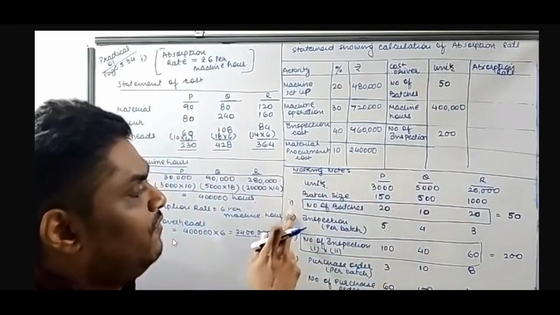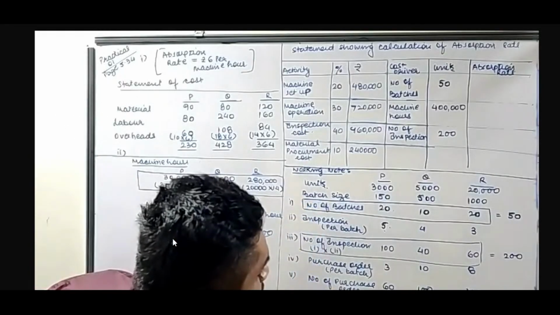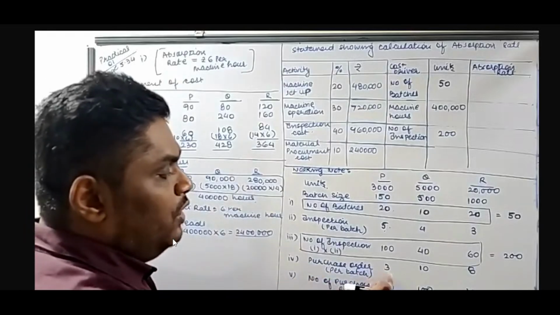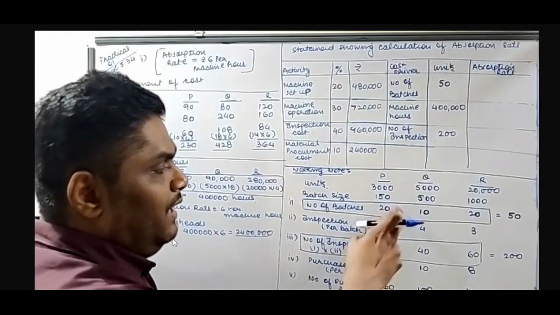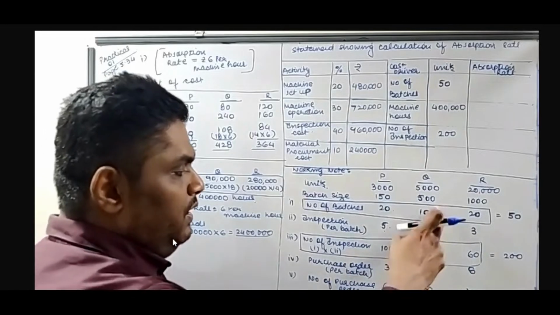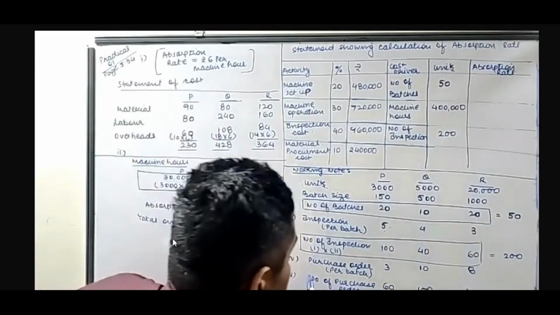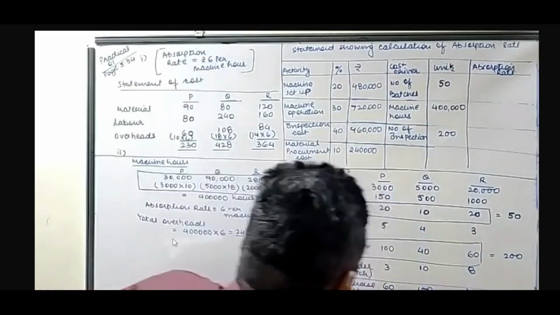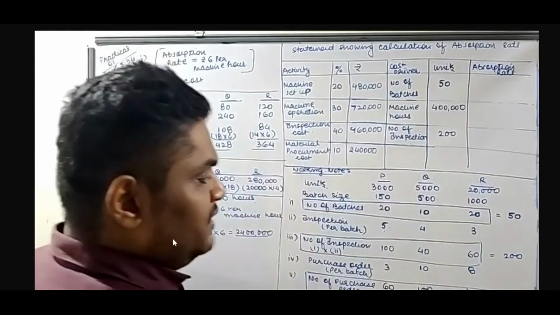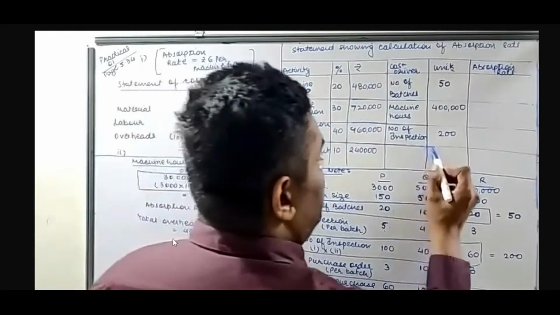That is the number of batches, first into fourth. Again, I repeat: 20 into 3, 60. 10 into 10, 100. And 20 into 8, 160. So we have got the number of purchase orders also: 160 plus 60 is 220, plus 100, 320.